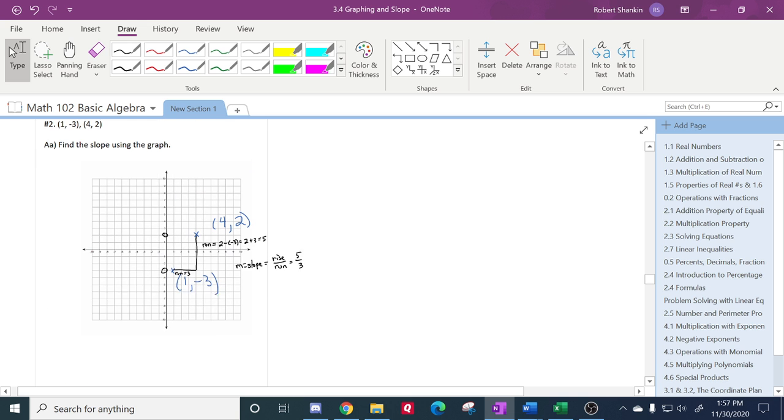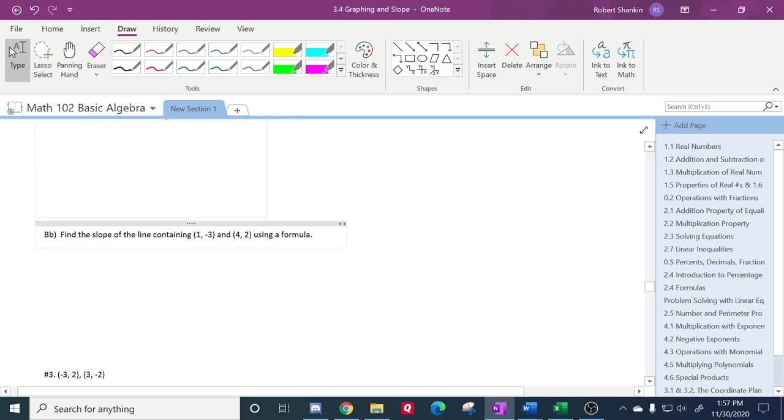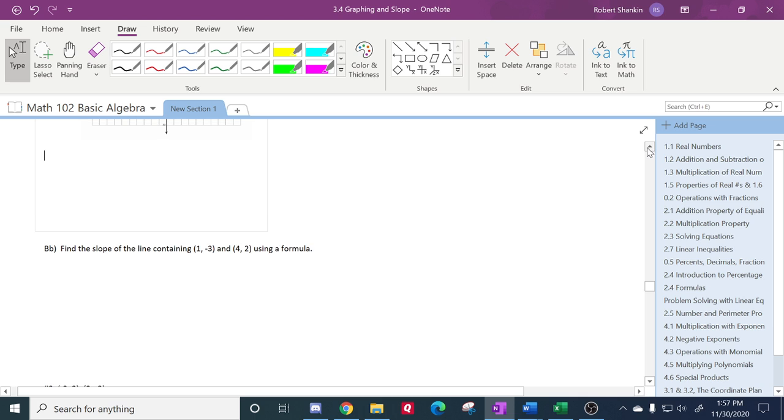These 2 points are the same 2 points as over here. Find the slope of the line containing those 2 points, but this time use the formula. So the formula is x1, y1, x2, y2, m equals this.